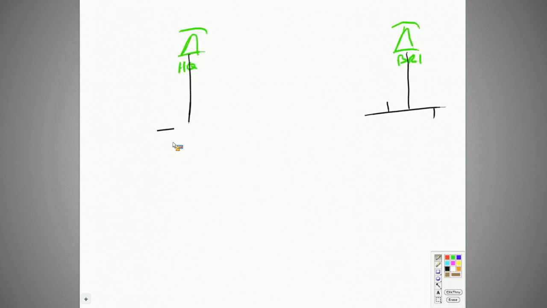So if I've got a phone here at headquarters, and I've got a phone over here at branch 1, connected to its LAN, of course.